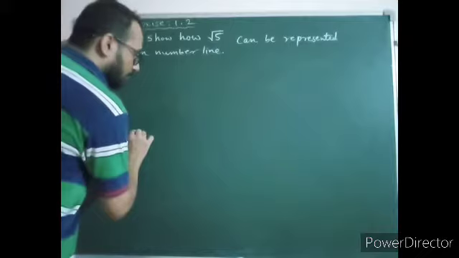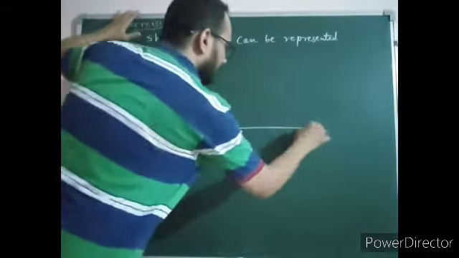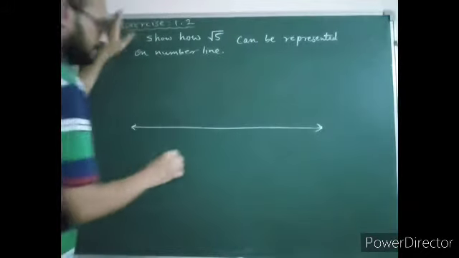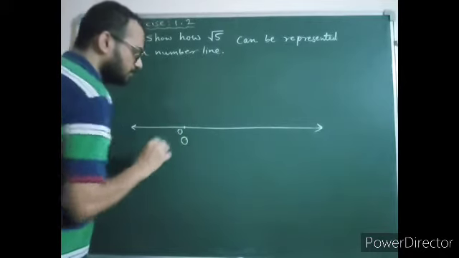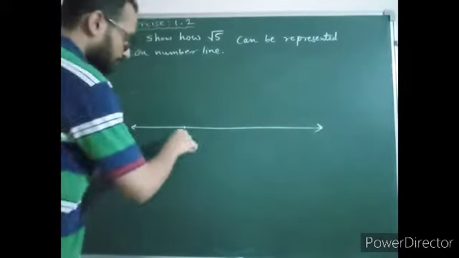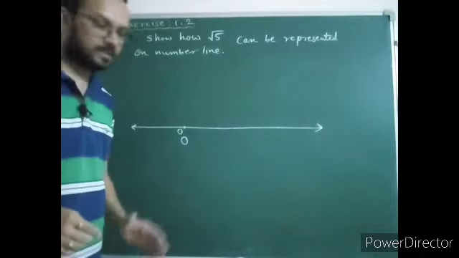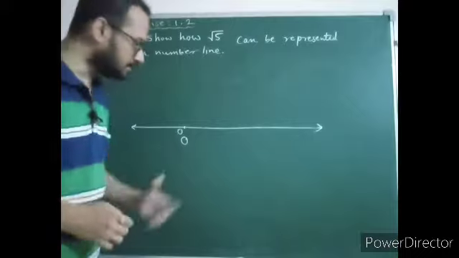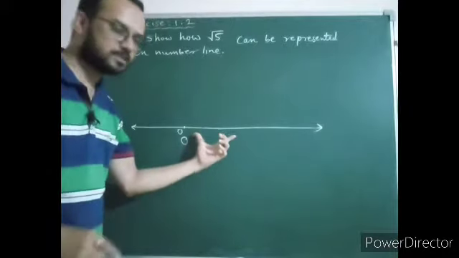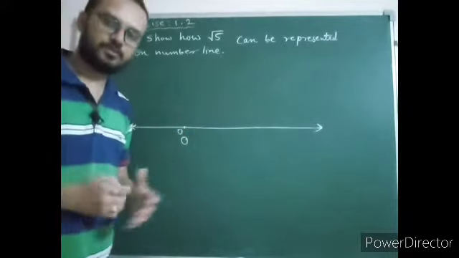For that, first of all, we will draw a line for the number line, taking a point O representing 0. Now from O we will take a number at a particular distance. In the earlier questions we had taken this distance as 1 unit and the perpendicular distance as 1 unit.